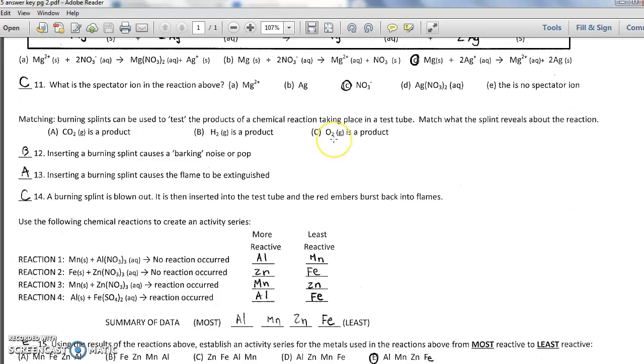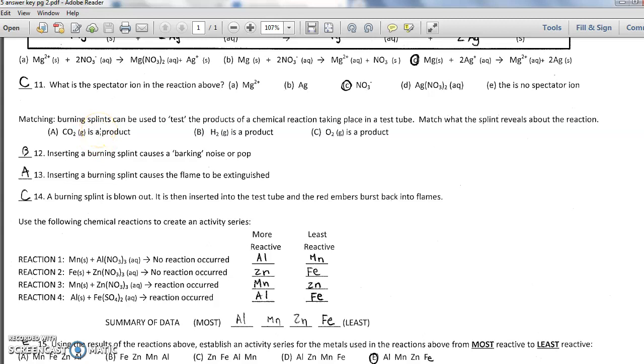We saw that as well, that oxygen being given off can be shown by the gummy bear or Skittle things, where you throw sugar into the reaction and they combust rapidly when oxygen's a product. So if you insert a burning splint and you hear a barking noise or a popping sound, that means something ignited. Hydrogen's the product. If you insert a burning splint in a reaction and the splint's extinguished, we know carbon dioxide's the product, because carbon dioxide is the product of combustion.